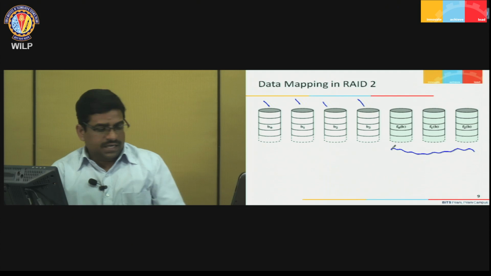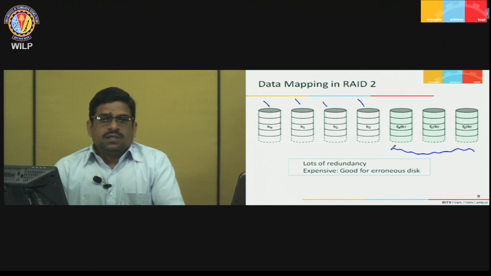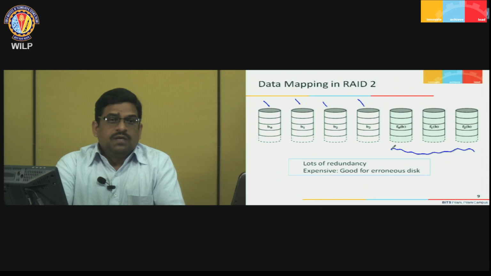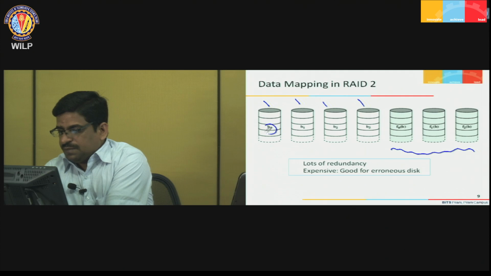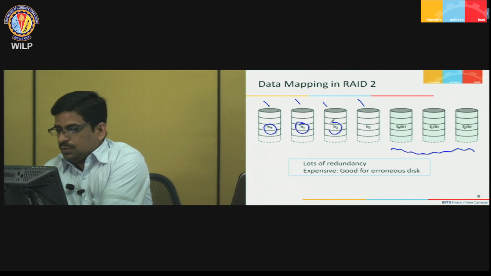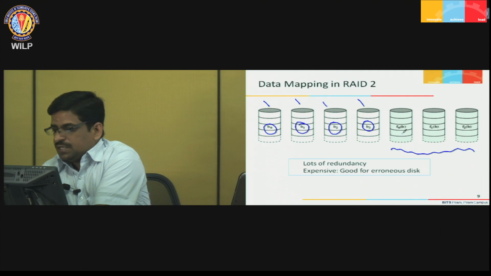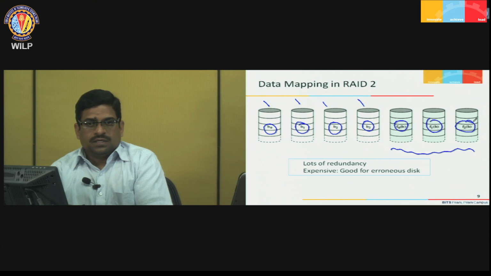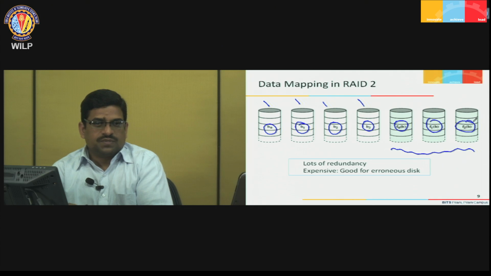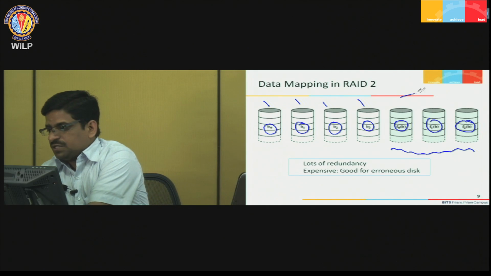So, here for parity, Hamming code is used, and this is a bit level parity. So, you can say bit 0, bit 1, bit 2, bit 3 of these strips. The parity for this is F0b, F1b and F2b. A lot of redundancy is there, which we can further improve, because of 3 disks.